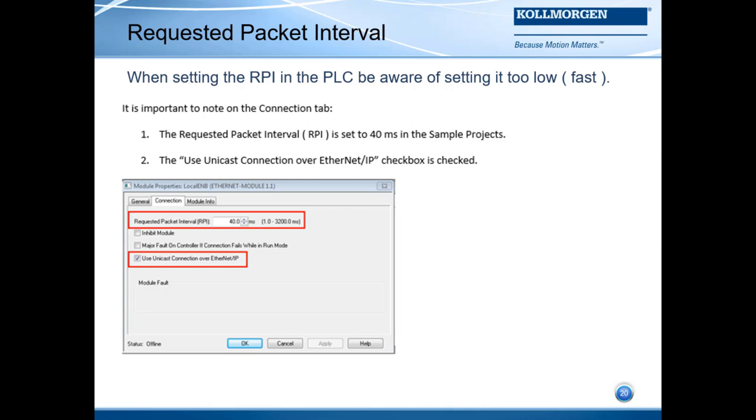This is based on the fact that during commissioning you will typically have Workbench software and the PLC polling the drive, and Workbench and the PLC both use the service port on the AKD. The Use Unicast Connection over Ethernet IP will help suppress broadcast and help with network traffic.